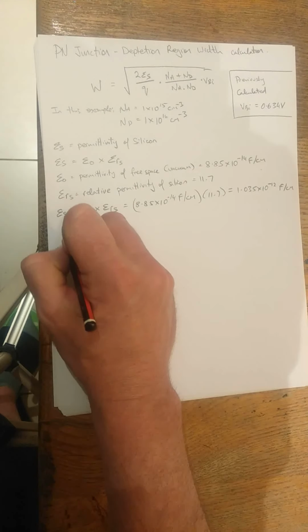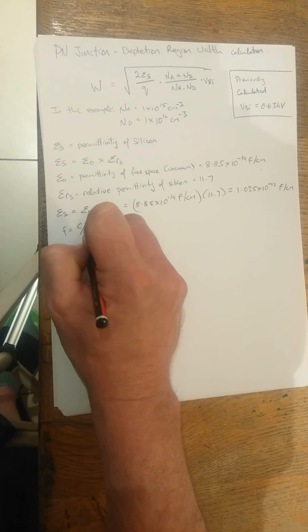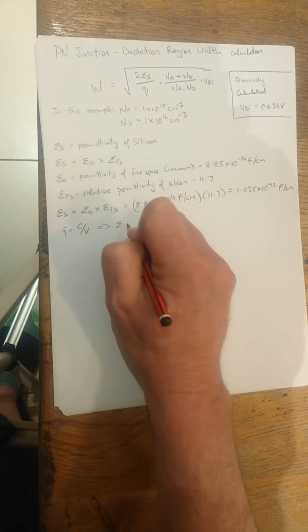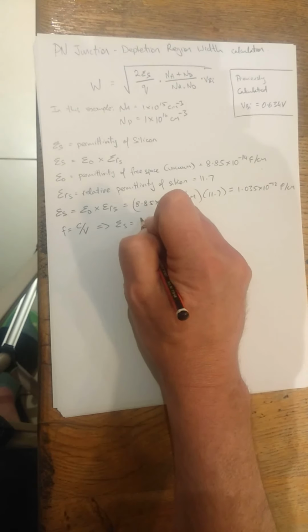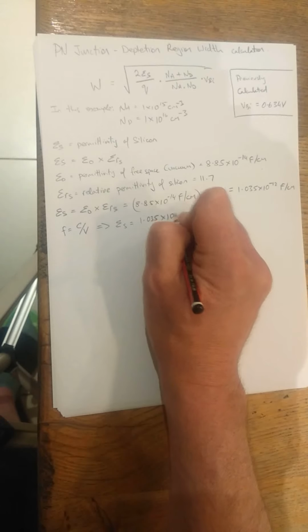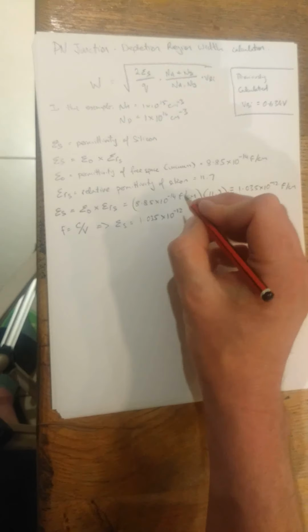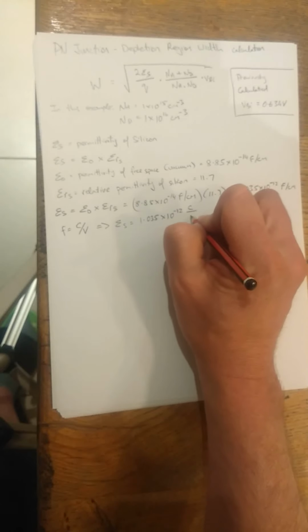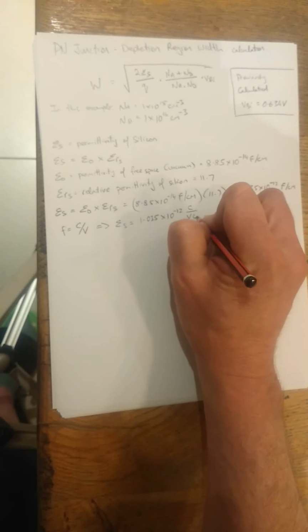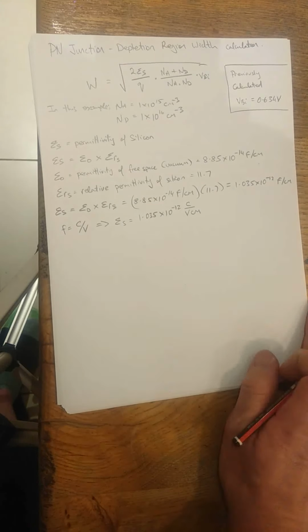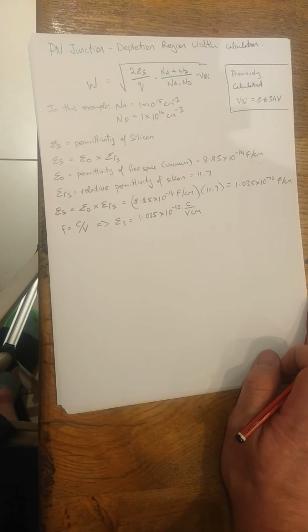All right, so a farad is equal to a coulomb per volt, so therefore epsilon S is equal to 1.035 by 10 to the power of minus 12 coulombs per volt centimeters.